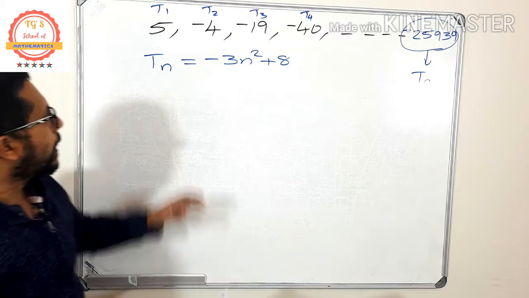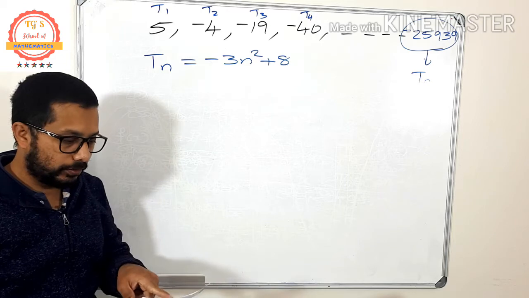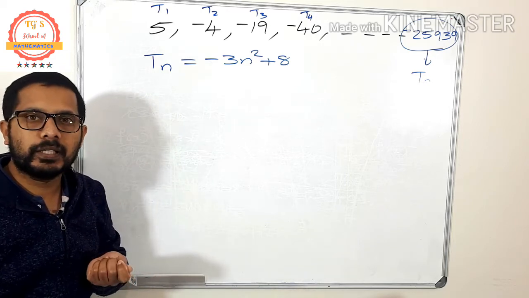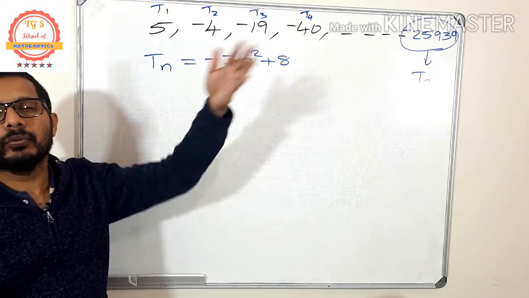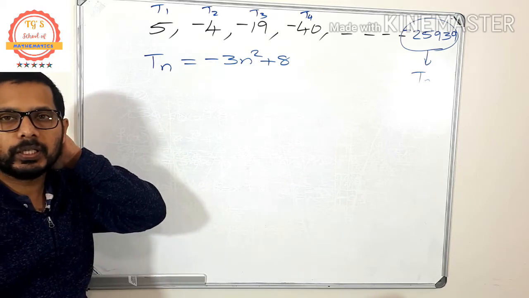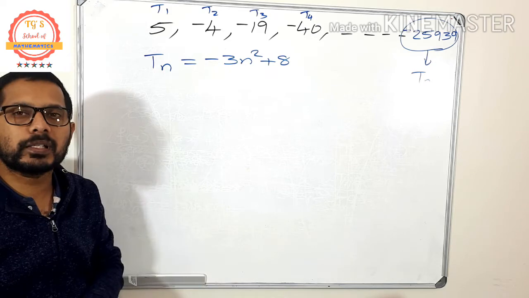So look at this one. What we want to find in this question? Look at the question once more. Which term of the pattern? That means you have to say whether it is the 100th term or a 250th term or a 500th term. That means you have to find the value of n, and what is given?